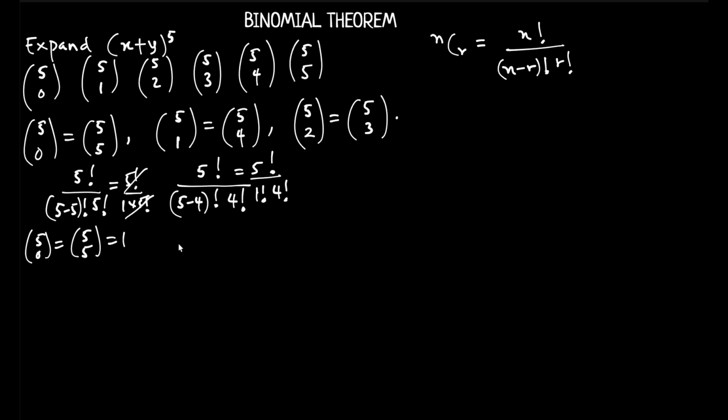Now let's simplify this. So 5 factorial is 5 times 4 factorial divided by 1 factorial, which is 1, right? Times 4 factorial. So 4 factorial divides 4 factorial, then we have 5. Now lastly, 5 combination 2 equals, if you use the same process, 5 factorial over 5 minus 3 factorial, 3 factorial, this is going to be 10. So we have 1, 5, and 10.